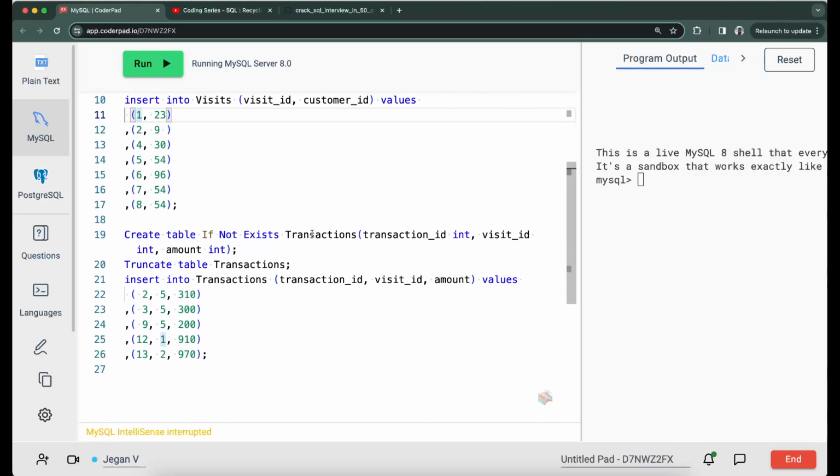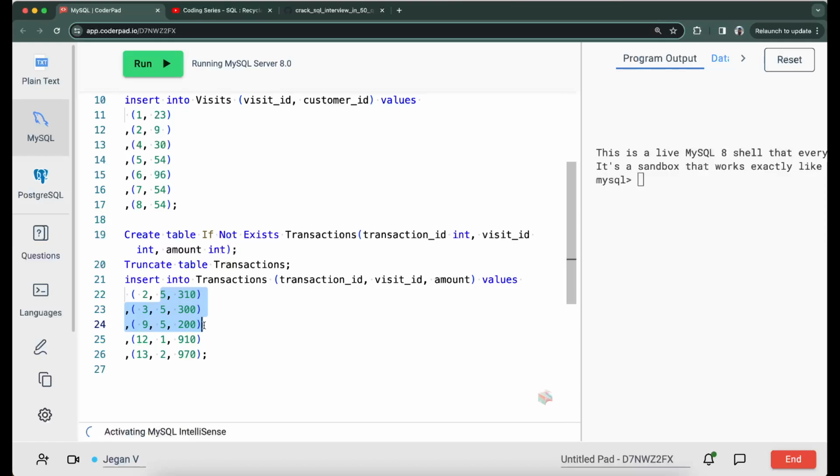And then we have a transactions table which talks about what transaction has happened for which visit ID and how much amount has been spent. For example, if you see a food court, customer 54 has a visit ID of 5, and if you see, visit 5 got 3 transactions.